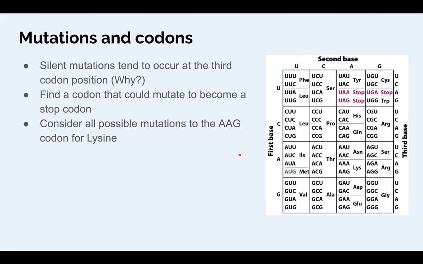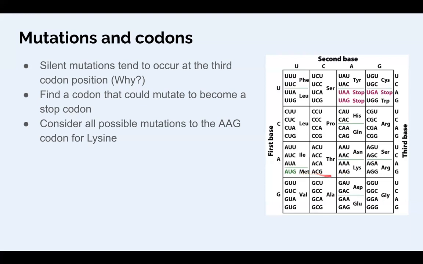Here's another way to look at that. If you look at the AAG codon for lysine, what could it mutate to be? If you mutate the third position, one of those is possible to be a silent mutation, AAG to AAA. Those both encode lysine. Some of the changes at the third position would encode a different amino acid, asparagine.